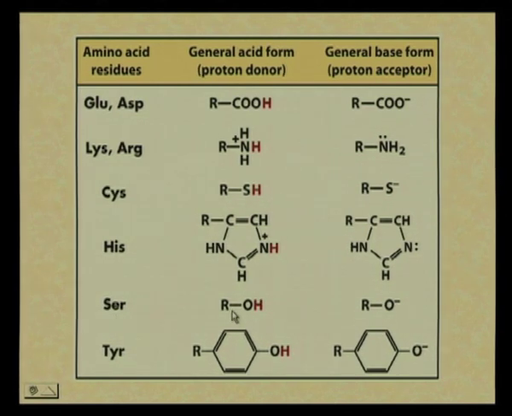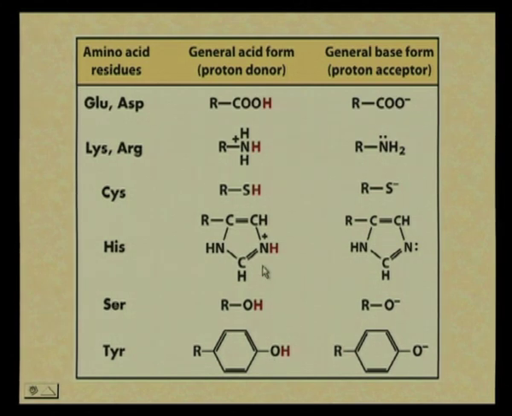Serine, it is ROH, where R is the rest of the amino acid, or the rest of the polypeptide chain, let us call this. Then we have RO minus. So, what is it doing here? Again, proton donor, and if it is this species, it can act as a proton acceptor. Again, tyrosine, if this is the proton acceptor, then this can be the proton donor.